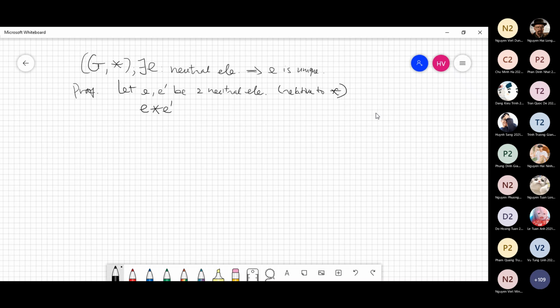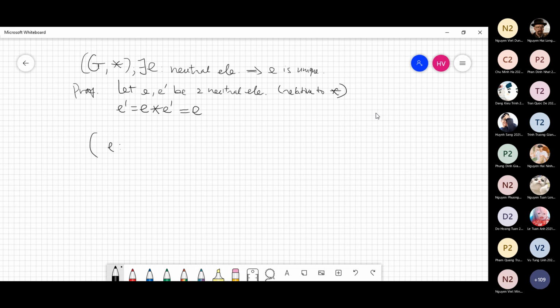Now pay attention that E prime is a neutral element, so this should be E, because a neutral element doesn't affect any other element. So when E prime is the element, then E star E prime should be E. But on the other hand, E is also a neutral element, therefore this should be E prime.